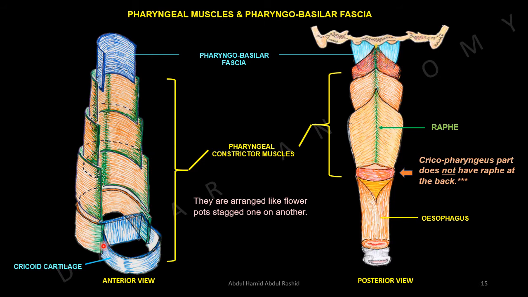So this cricopharyngeal muscle has no raphe at the back, no interruption. They are arranged like flower pots stacked one on another. All these muscles are.